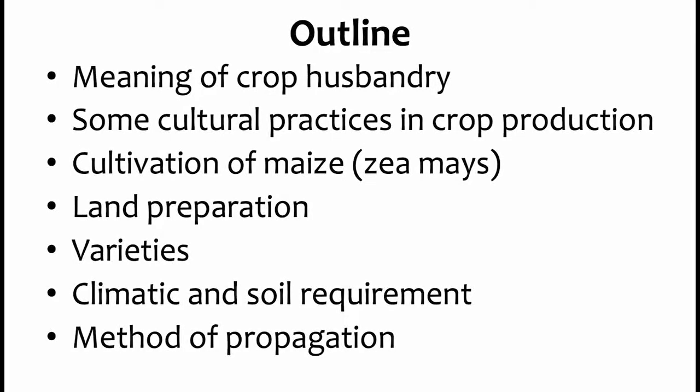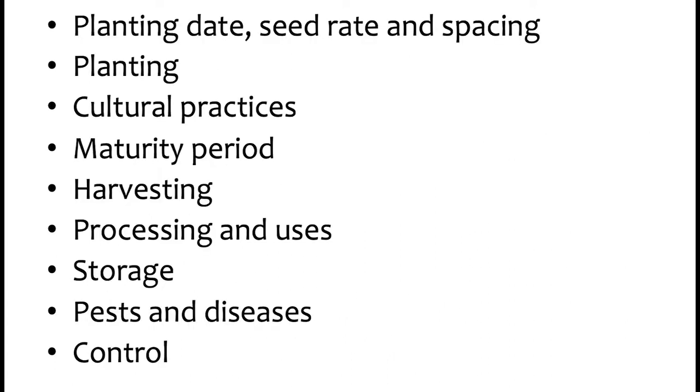So today we are going to look at the meaning of crop husbandry, some cultural practices in crop production, and cultivation of maize. The botanical name of maize is Zea mays. We will cover land preparation, varieties, climatic and soil requirements, method of propagation, planting date, seed rate and spacing.